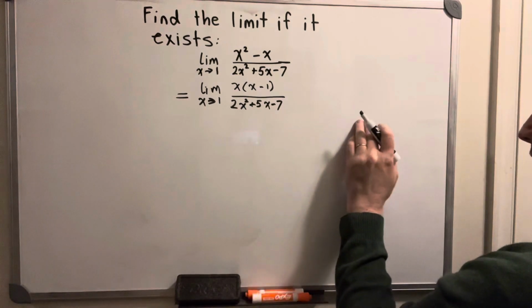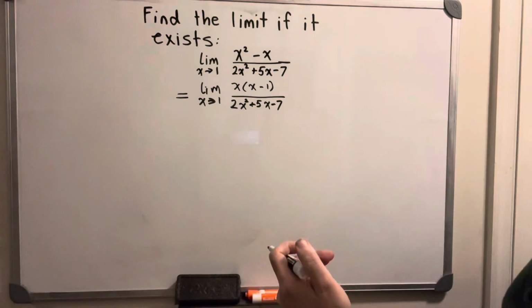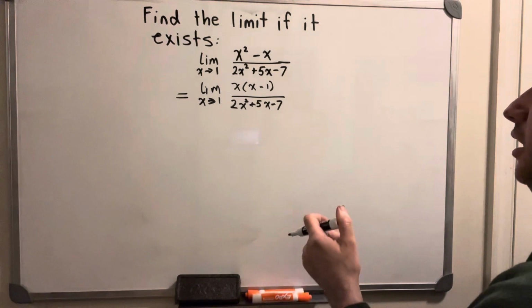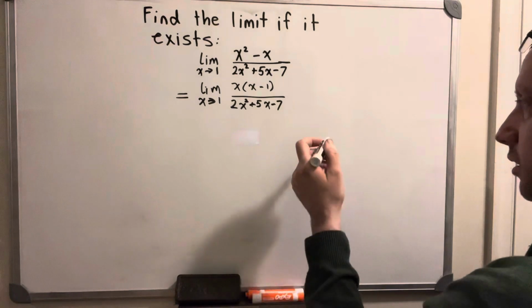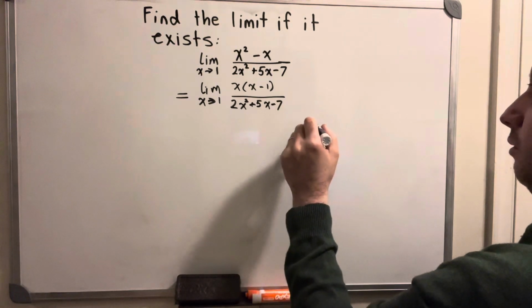Now is the point where we have to do some polynomial division. If you have seen that before, you know how to do it. If you don't, here's a quick review.